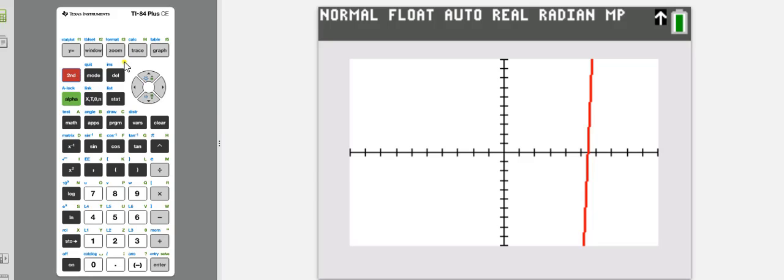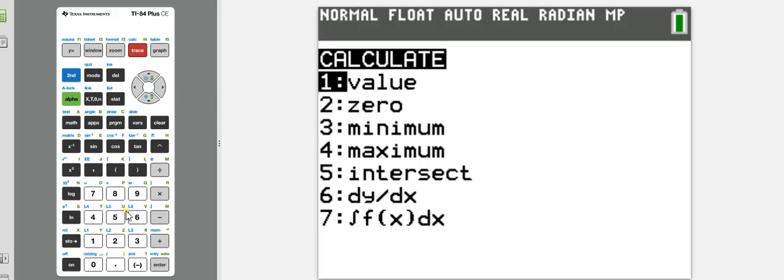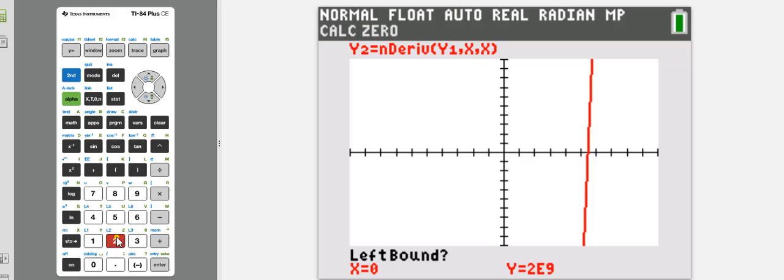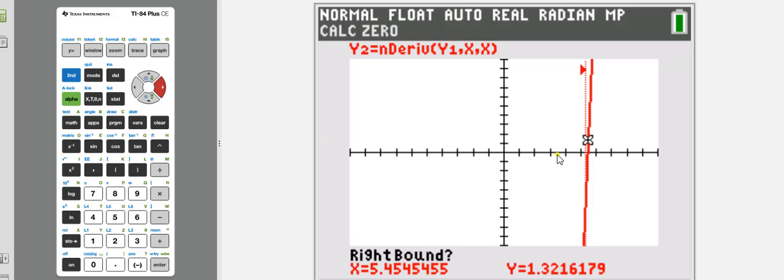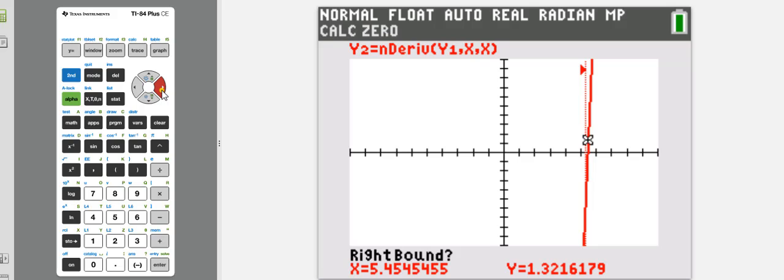So we need to do second, trace, and choose number 2 for zero. Left bound. Press enter. The right bound, make sure your right bound is on the right side of the value that you want to find. Press enter.